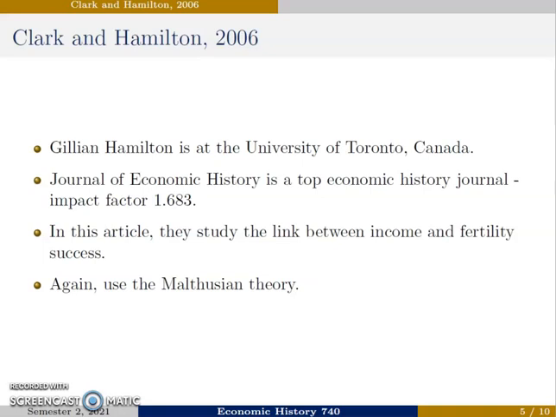It has an impact factor much lower than the Journal of Political Economy, but it's still 1.6, so it's still quite good. In this article, they study the link between income and fertility success, and again, when you read this article, you will see references to the Malthusian theory as well.